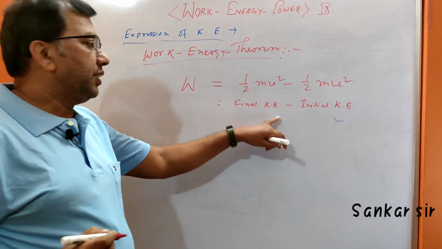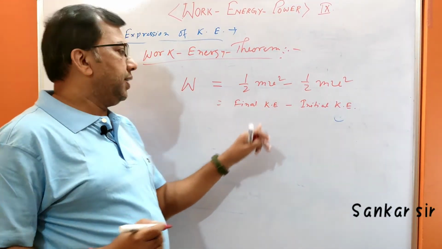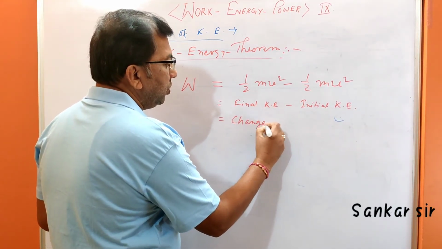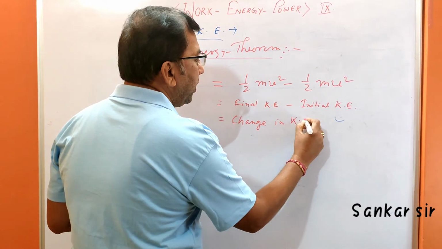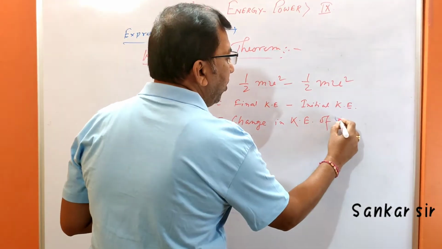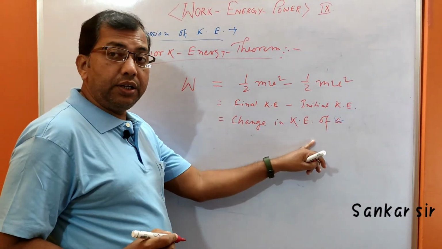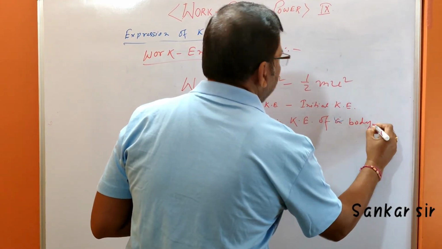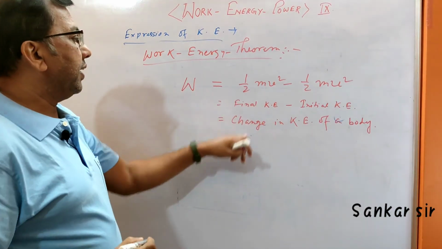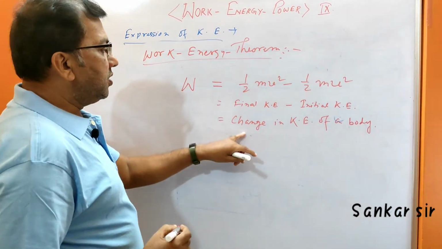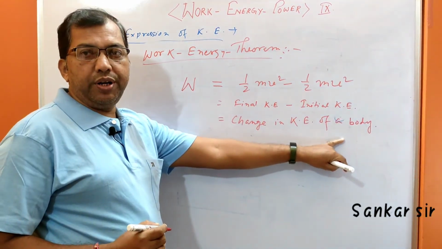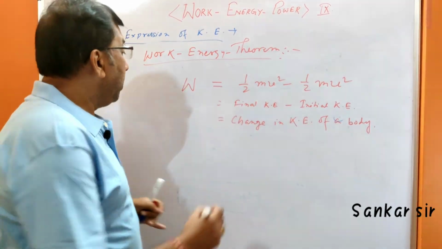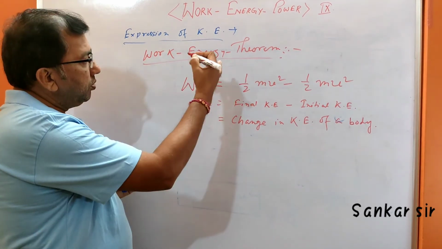We can write it as the change in kinetic energy of a body. Clear? W equals to half m v square, final kinetic energy, minus initial kinetic energy. There is change in kinetic energy of a body. Okay. So, what is the theorem?